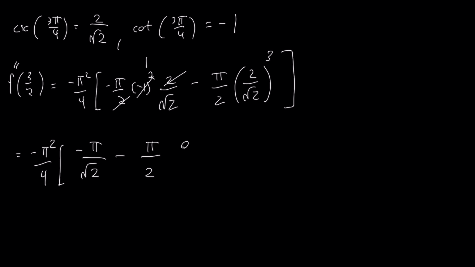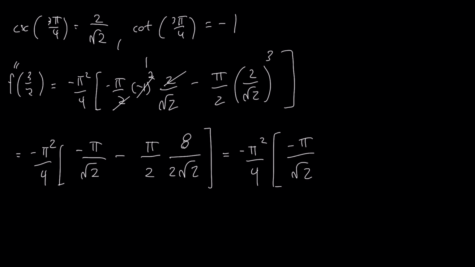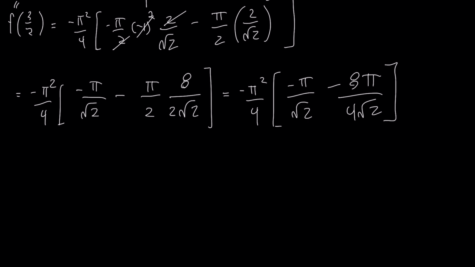2 cubed is 8. And the square root of 2 cubed is 2 over root 2. So we're left with negative pi squared over 4 minus pi over root 2 minus 8 pi over 4 times root 2. And from here we can get a common denominator.